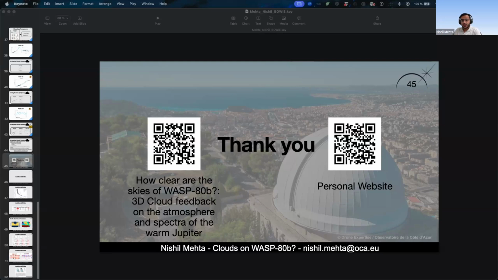But when the clouds were added to the GCM, the limb asymmetry increased, which clearly showed that to study these limb asymmetries, we need clouds as well as GCMs to properly model these observations with the latest JWST data. And yes, that will be one of the parts of the next project.